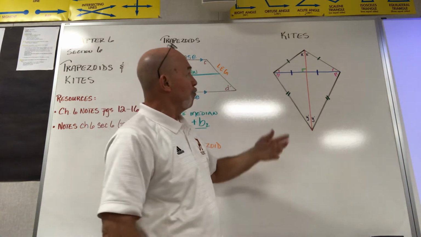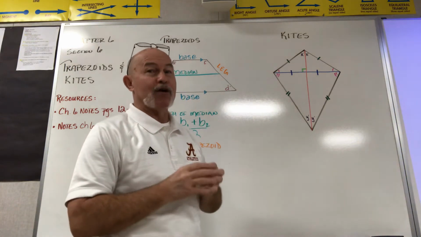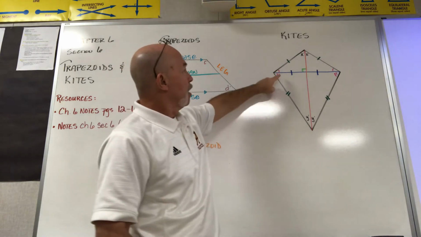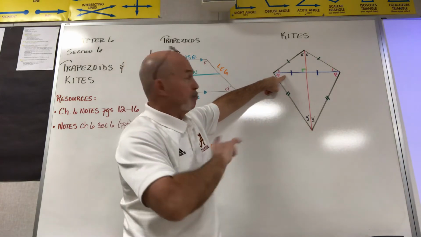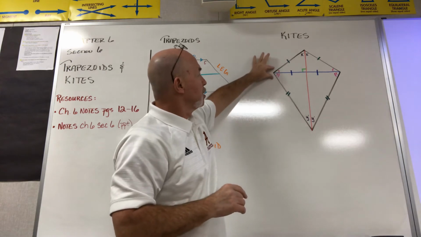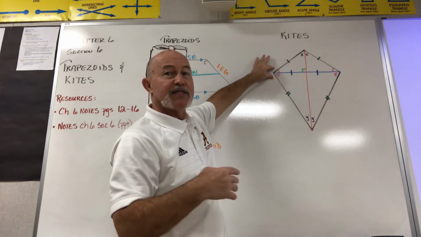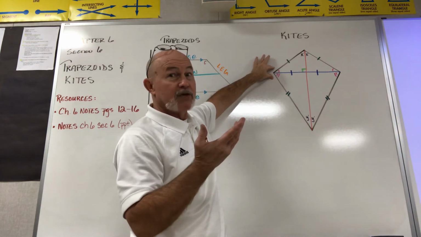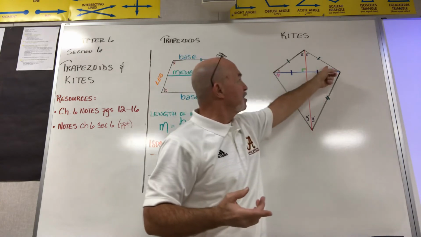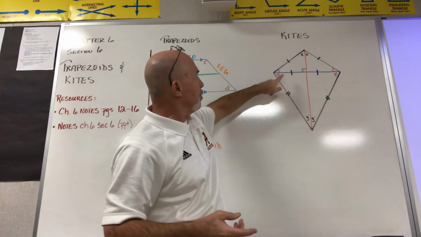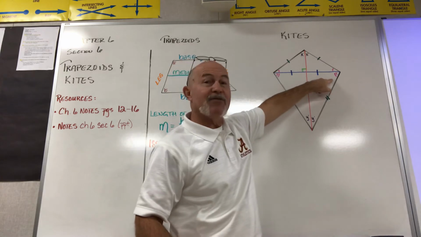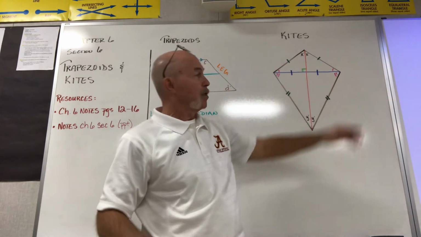So, let's talk about what the angles do. The diagonal that's been cut in half just divides the two angles, doesn't do it evenly. This angle and this angle are equal, and then down below, this angle and this angle are equal.